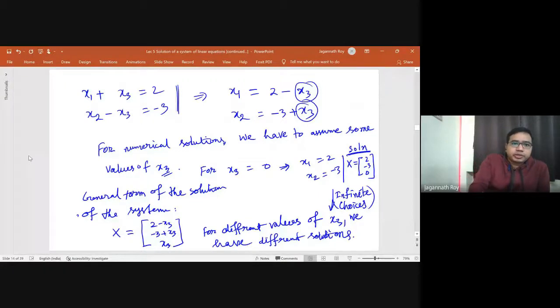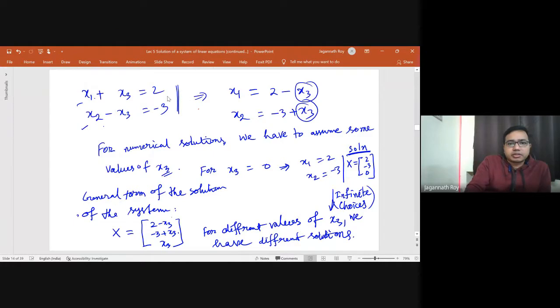Now there could be a question: why are we writing x1 and x2 in terms of x3? Can we write x1 and x2 the other way also?